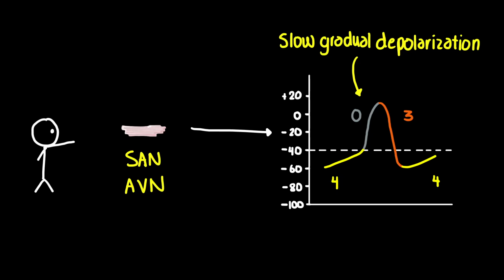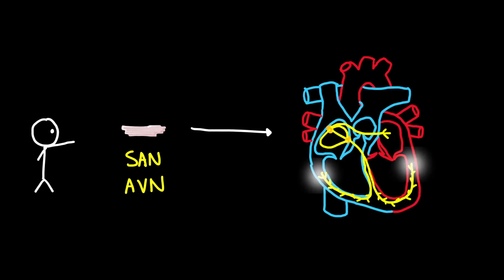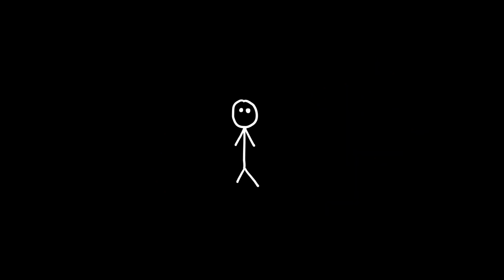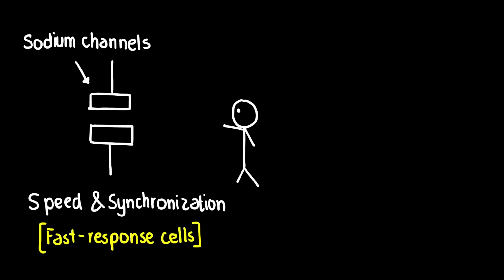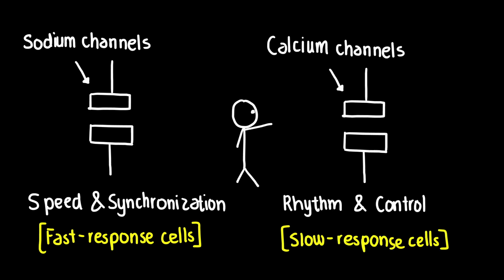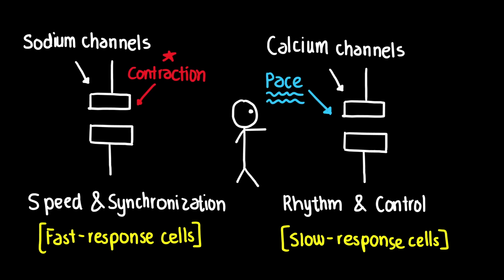Because these cells are not built for force, they are built for timing. So the heart uses two different ion systems for two different jobs. Sodium, required for speed and synchronization in fast response cells, and calcium, required for rhythm and control in slow response cells. One drives the contraction, and the other sets the pace.